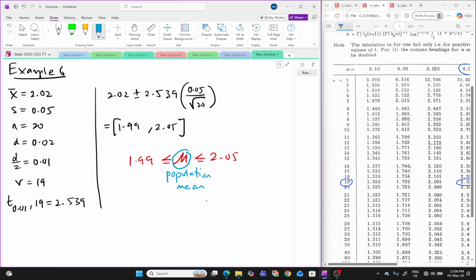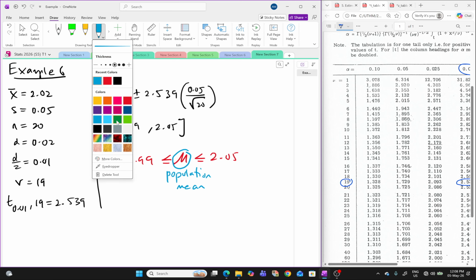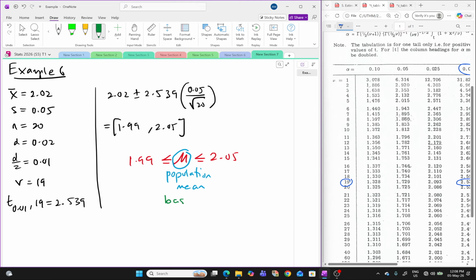Basically, we are finding the range for the population mean based on sample info.